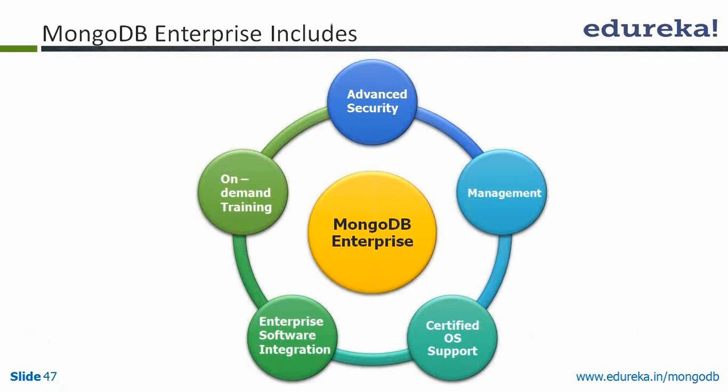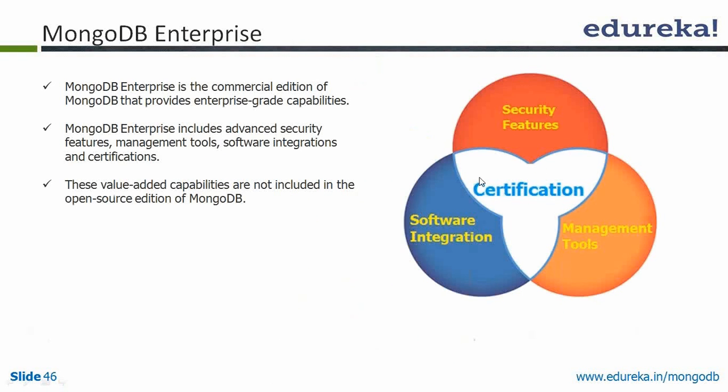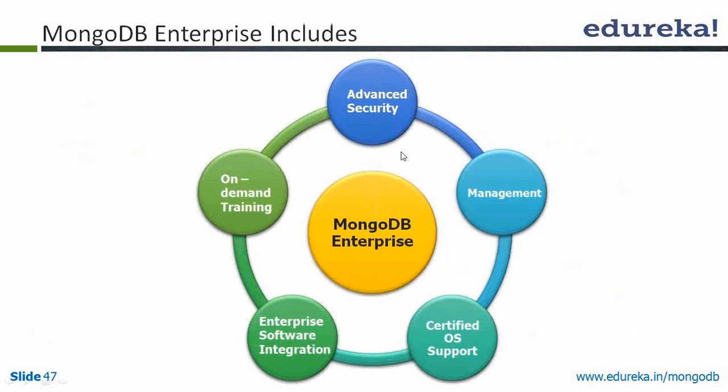So, sorry guys. If you could see here, MongoDB Enterprise provides certification, security features, management tools, and some software integrations. I have highlighted here, MongoDB Enterprise includes advanced security, management, certified OS support, enterprise software integration, and on-demand training.